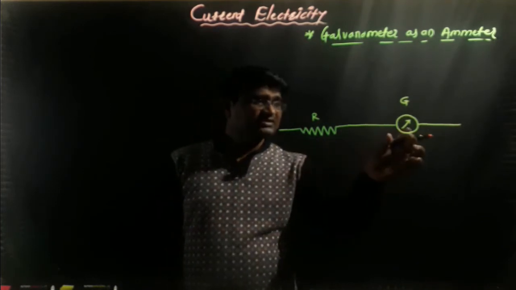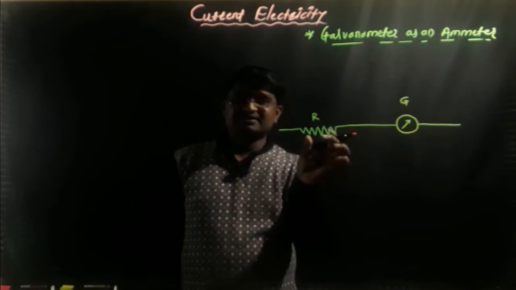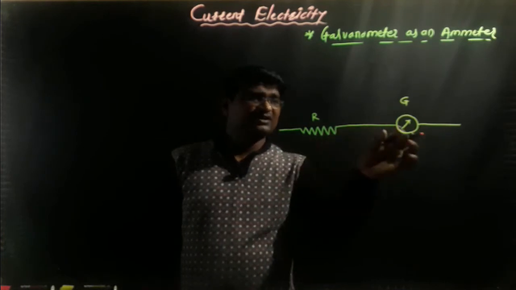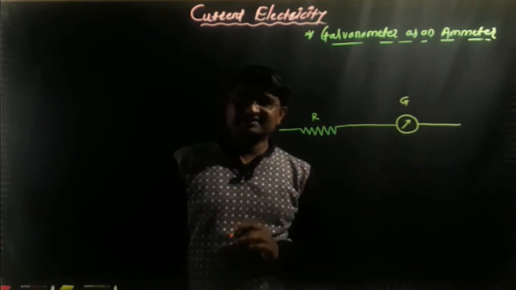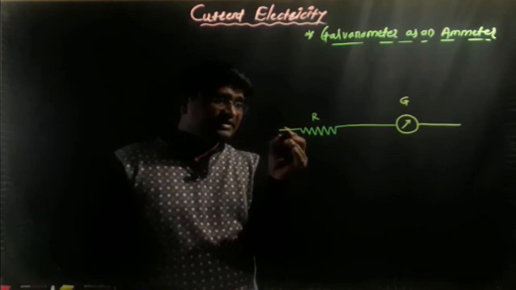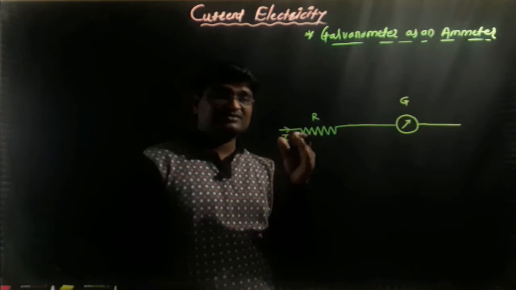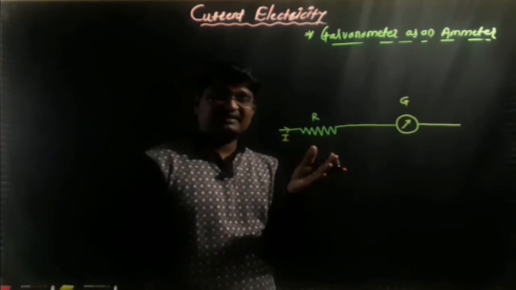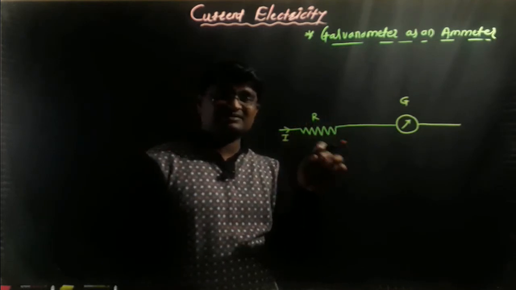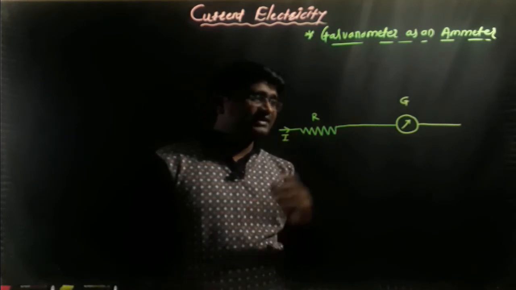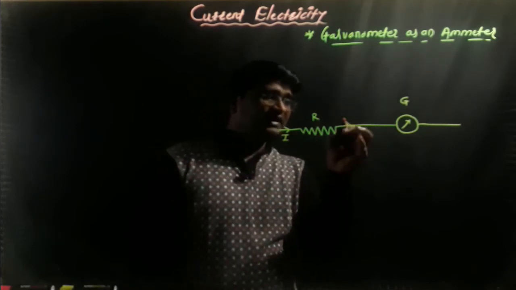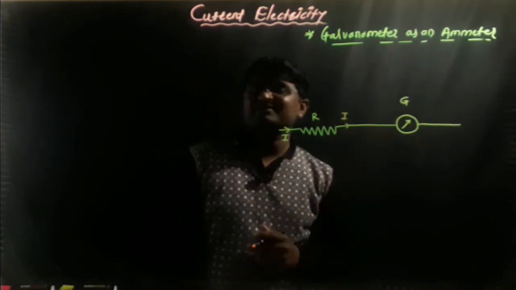So this galvanometer and this resistance are connected in series, so definitely the resistance will decrease, and when the resistance decreases, the electric current will increase, because electric current depends upon resistance. The large amount of electric current I will be passing through the galvanometer.